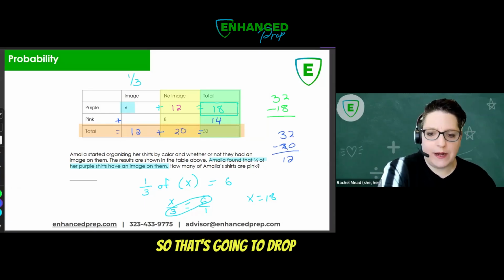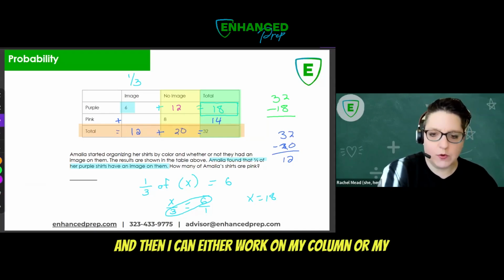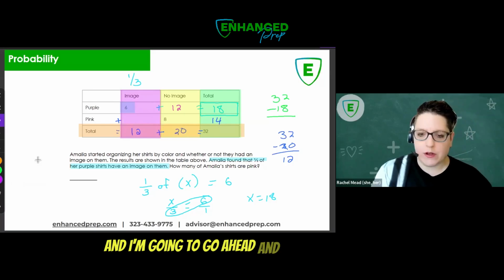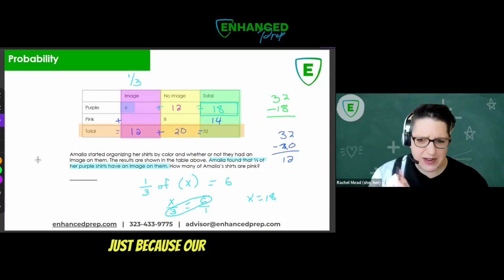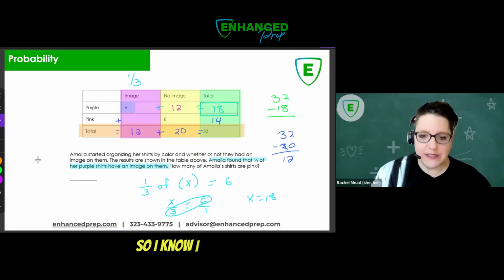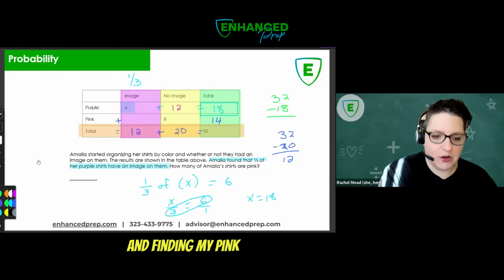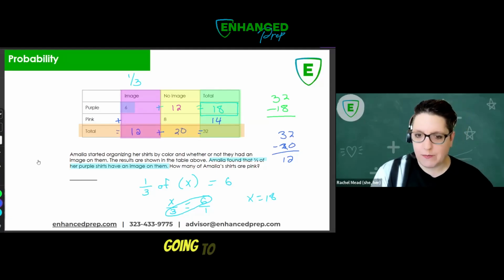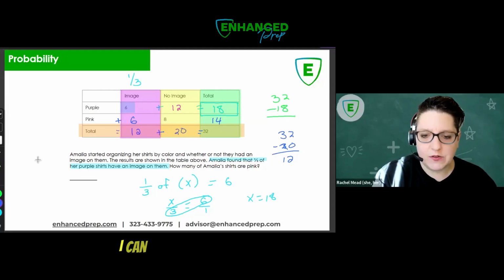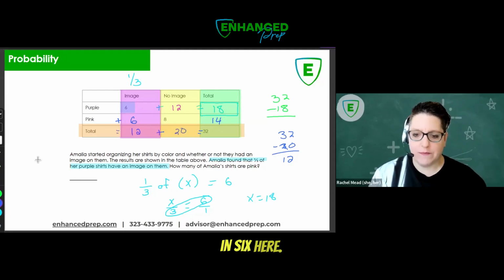That's going to drop right in. And then I can either work on my column or my total right here. I'm going to work on my column just because our brain tends to work that easier when we're working with math. I know I have 6 purple image shirts, and finding my pink shirts with an image is going to give me a total of 12. I can do that quick subtraction and I get 6 here.